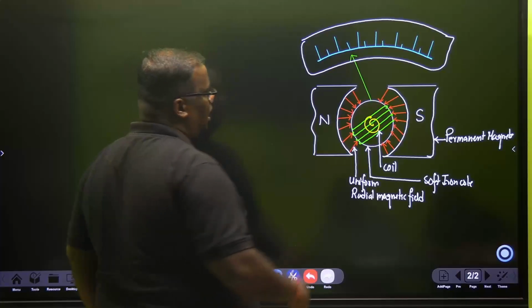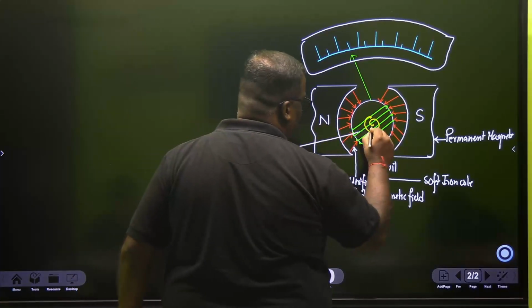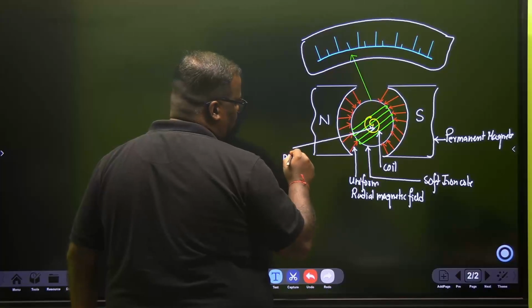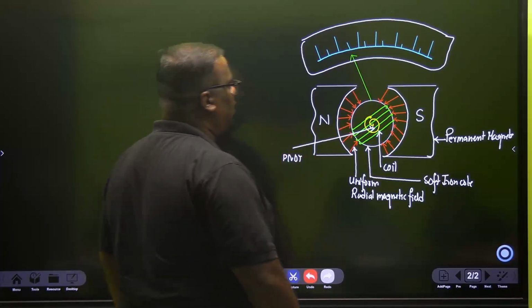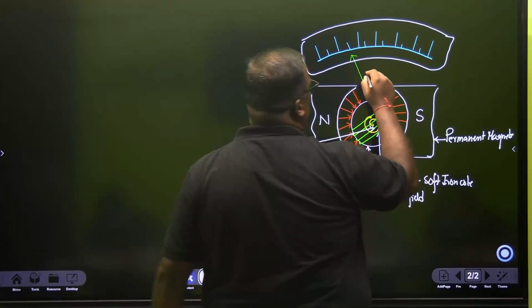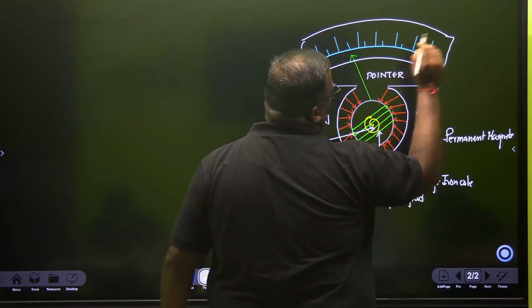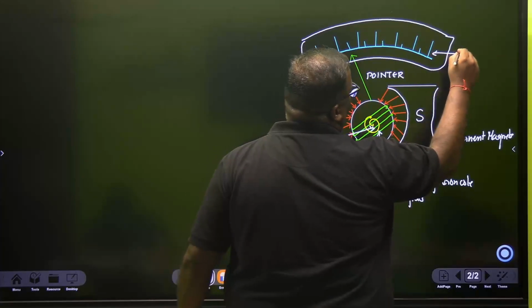And you would definitely also have a pivot out here. It means the coil can actually rotate. So it's pivot, soft iron core. This is your pointer. The pointer is a part of the coil. This is your scale.